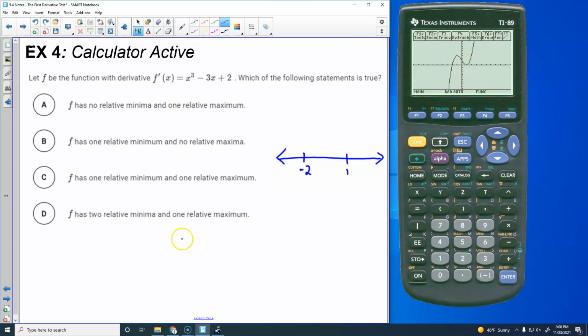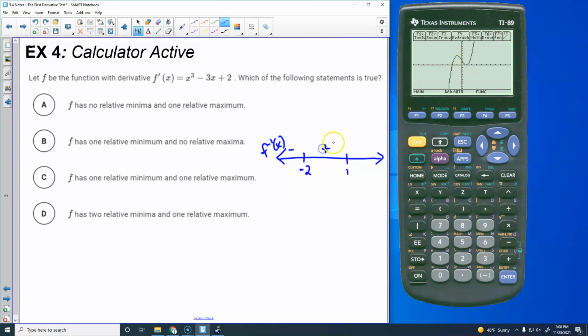Since it doesn't ask you for specific points, it's not really important here where it hits the x-axis. So my derivative from -infinity up until this point right here, is it positive or negative? It is negative because it's below the x-axis. All right, what about between -2 and 1?